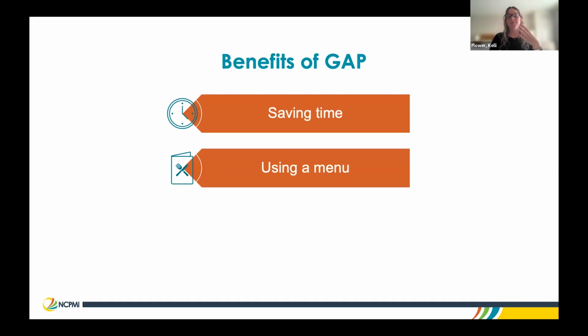So the menu helps jog their brains when they are tired at the end of the day to say, well, what is going really terribly right now in my classroom, or when is it chaotic? They can look at that and say, oh, yes, transitions, that's something that's not going well. Let's do that. And that's also a time saver, getting to use that menu.